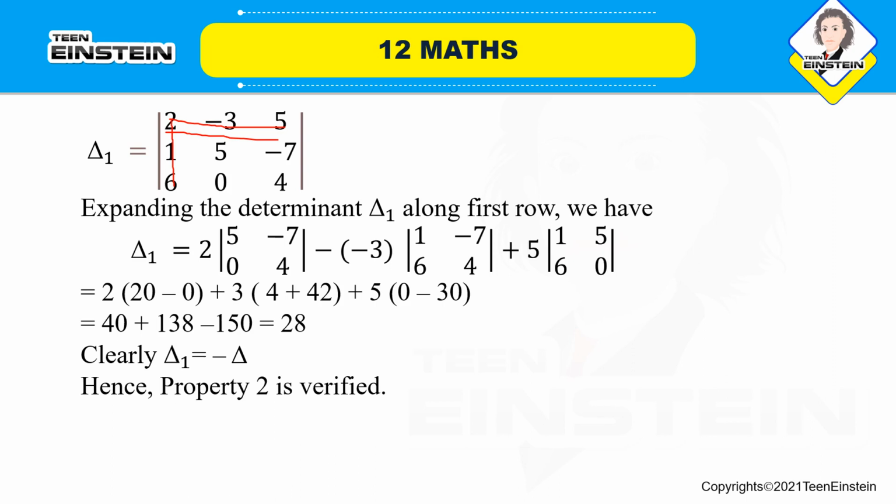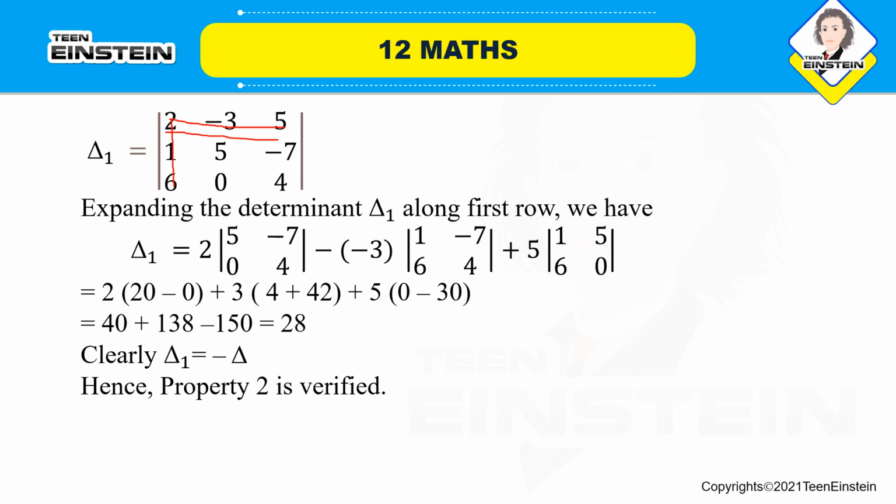In the next position we have minus 3. For this position we have a minus sign. So minus of minus 3, then deleting the row and the column having the element minus 3, we have the determinant 1, minus 7; 6, 4. Plus, in the next position we have the element 5. For this position you have a positive sign, so plus 5 into the determinant 1, 5; 6, 0.